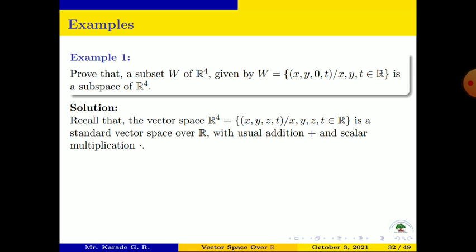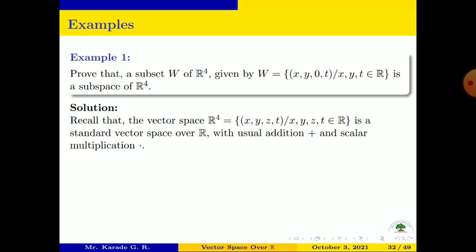Recall that the vector space R4 is given in the example. The vector space R4 is a standard vector space over R with the usual addition and scalar multiplication. It is a 4-dimensional vector space.